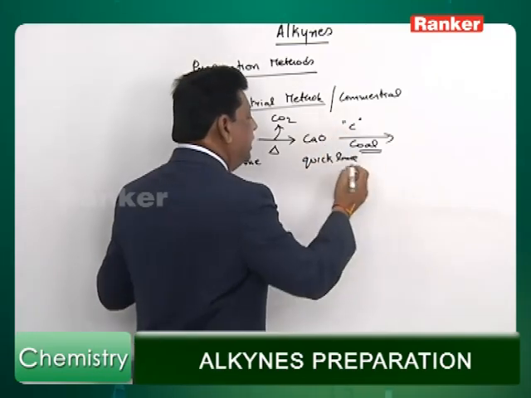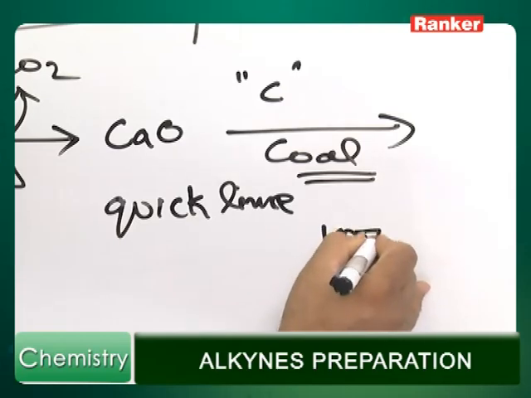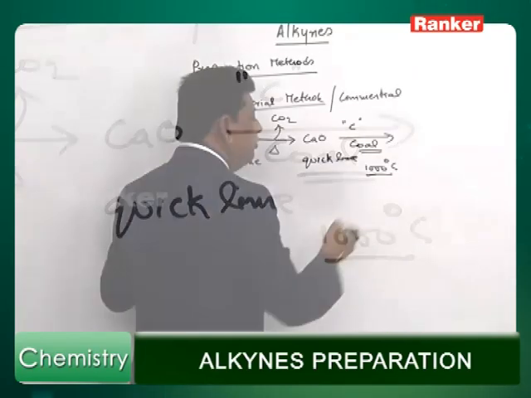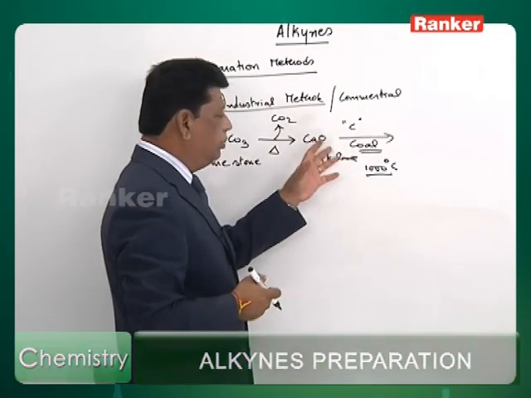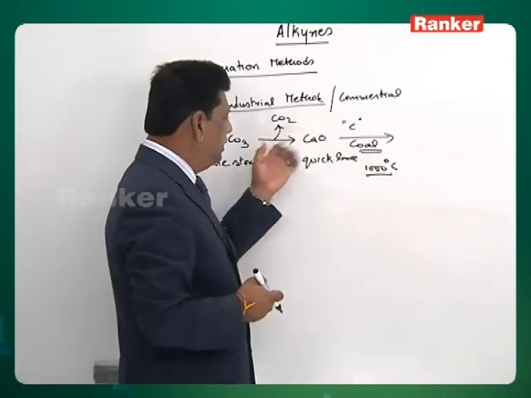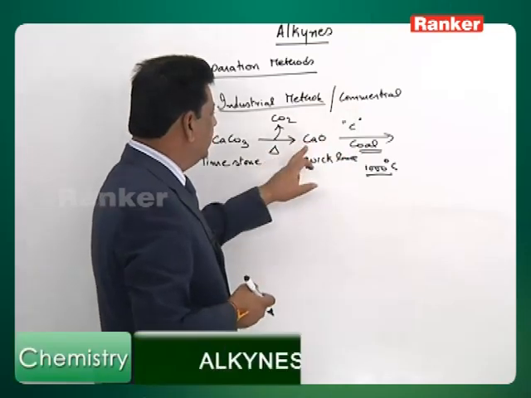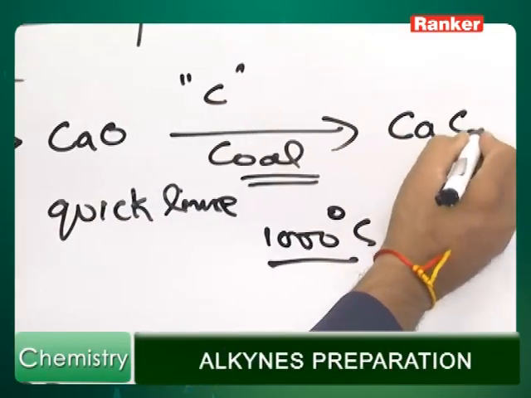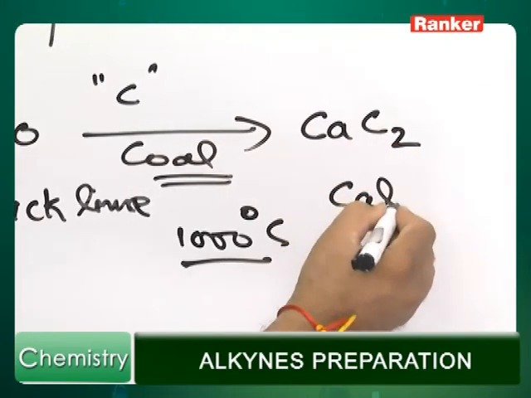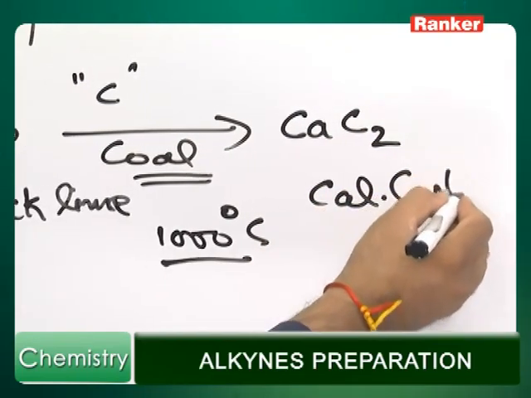This coal is added and heated at around 1000 degrees centigrade. You need not have a separate furnace; the coal itself produces heat on burning, and that heat is enough to react. So, the calcium oxide with the carbon forms calcium carbide. This is called what? Calcium carbide.